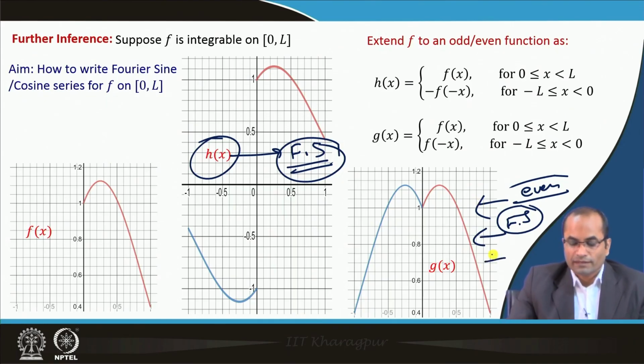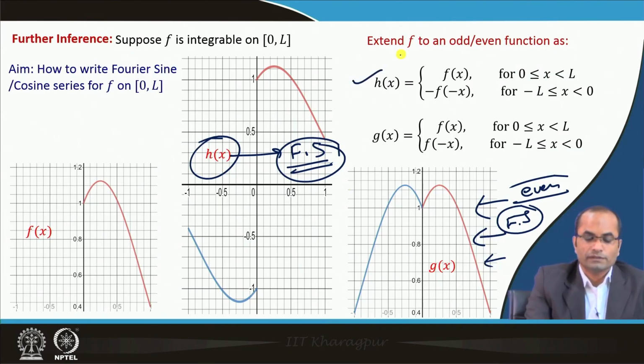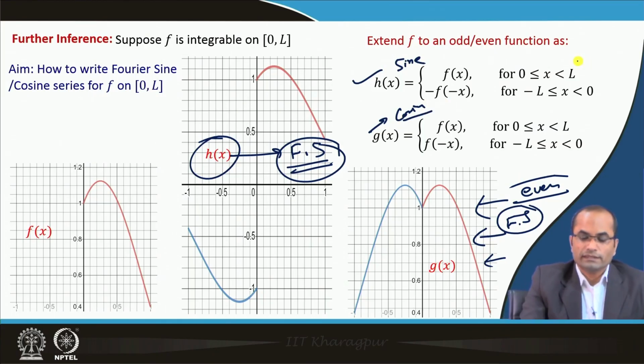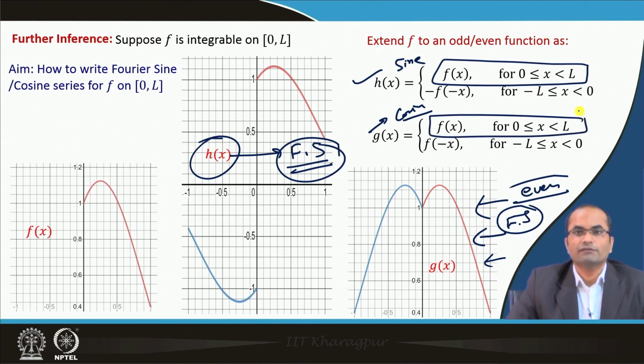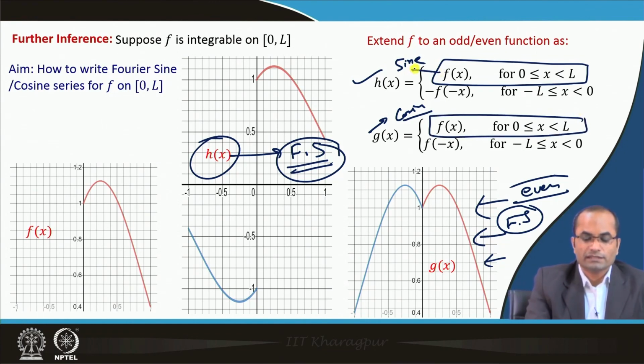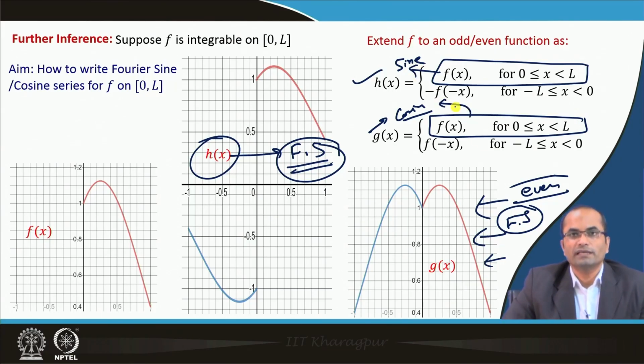So, we have the expansion of h x in terms of sine, and the expansion of g x in terms of cosine. But what is interesting is that in the interval 0 to L, where the function is given, we have the same function f x, which in this case will be represented by the sine series, and in this case by the cosine series. That is the interesting, so-called half range sine or half range cosine series we will learn in the next lecture.